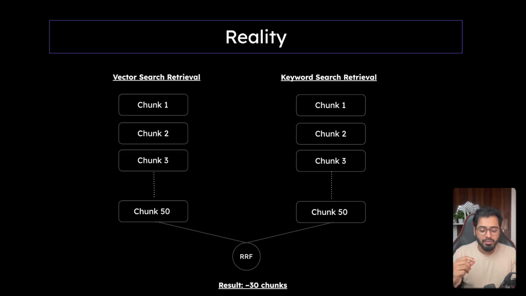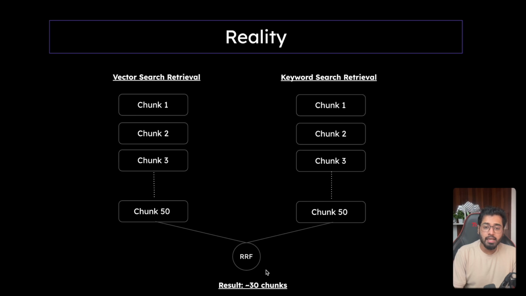So we are going to do another layer of reciprocal rank fusion. Even then, at the end of it, we are still going to have 30 or 25 or 40 different chunks. So this is how scale operates, but there is some limitation.